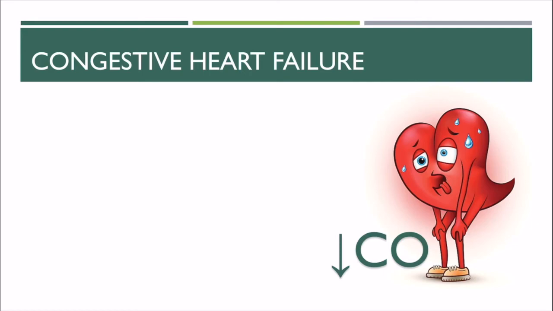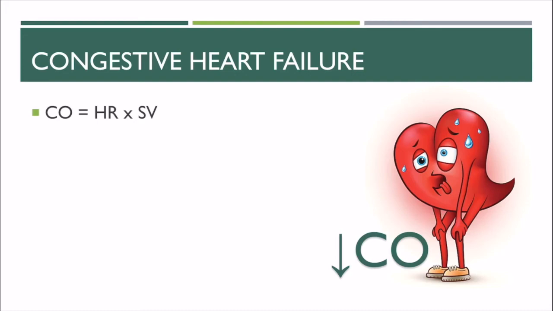So all of these different ways of classifying heart failure are describing how you might end up in a situation with reduced cardiac output. In the next part of this lecture, we're going to get into how our body handles this and how it tries to compensate and keep us going when we're not maintaining cardiac output.